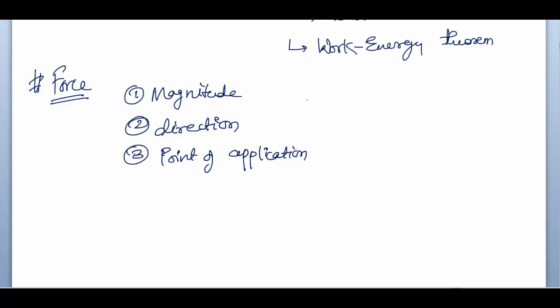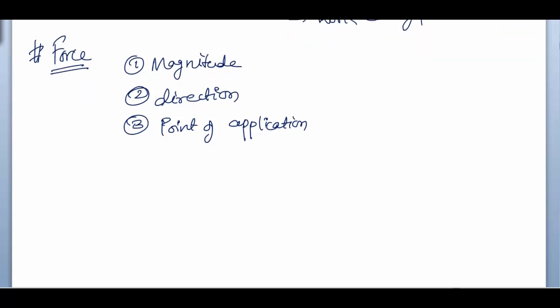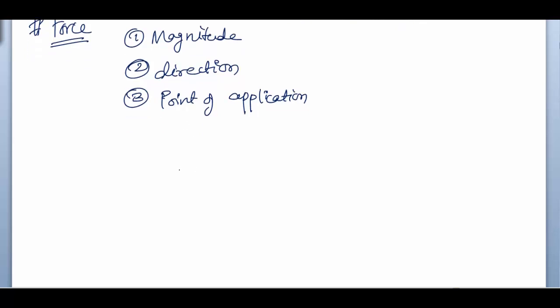So all the three parameters are very important, because if any of these parameters is changed, the effect of the force will also be changed. For example, suppose we take a beam, and it is hinged at some position. Now the force F, say 5 Newton, is acting downward at the end point.